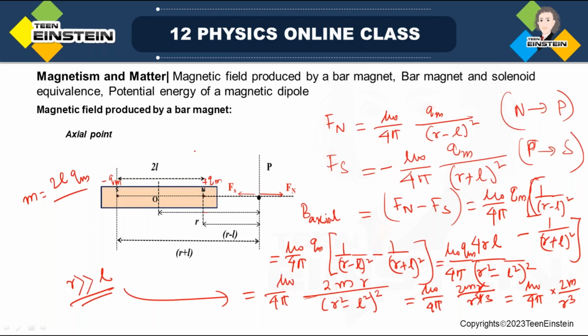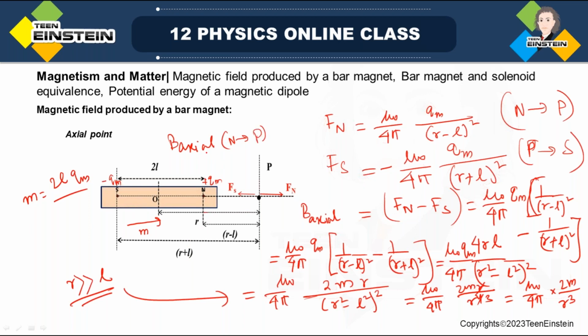And you can see the axial field we are getting is directed from N to P, or in the direction of the dipole itself. A magnetic dipole always has its direction from negative to positive. So here the dipole moment M will have direction from S to N, or N to P, this direction.